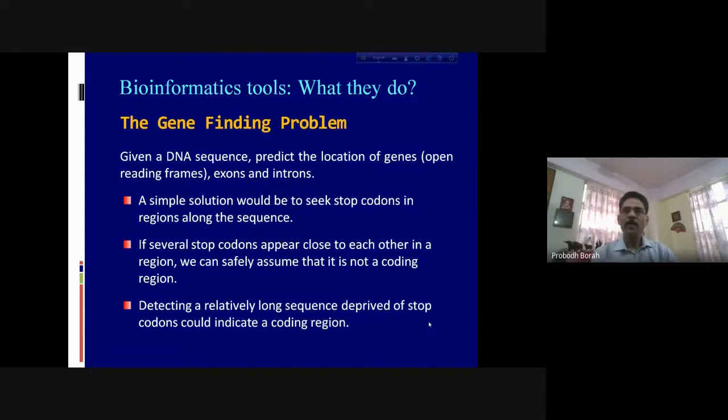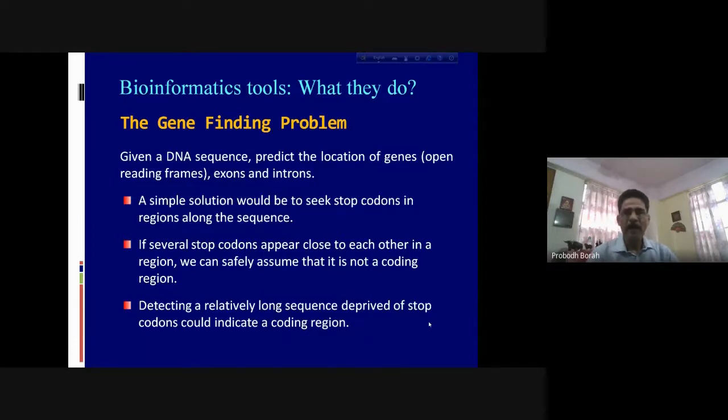So to give rise to amino acid residues in the protein by translation, the transcript or the messenger RNA must have a contiguous sequential arrangement of codons which code for different amino acids. And necessarily, there should not be any stop codons in between, so that translation does not stop prematurely.